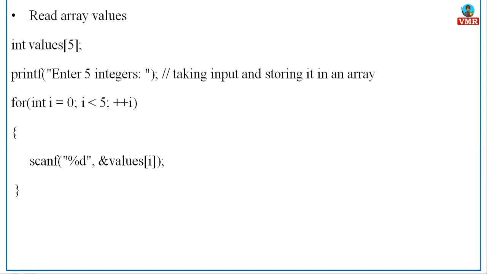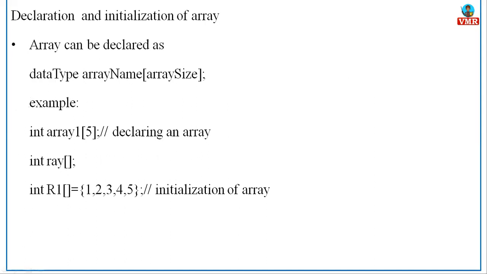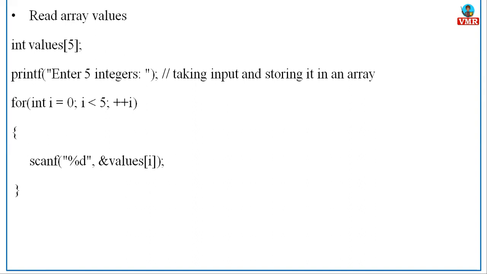Next, how we are going to read the values, right? If I want to take input into that particular array. In the previous example, I directly initialized array values, but I can't always give them here. Sometimes the user wants to give them at runtime, so at that time I need to read the values. What did I say?